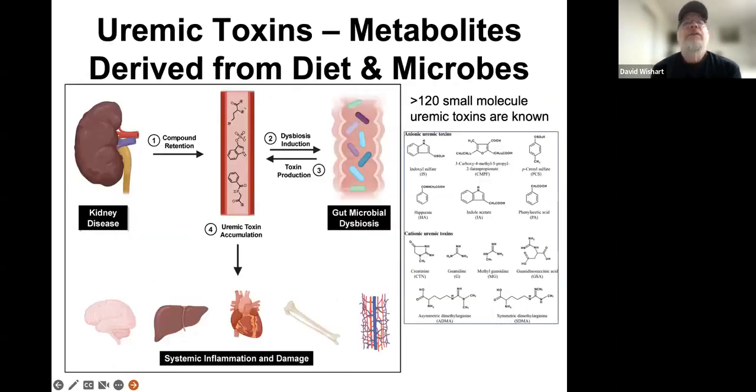In the case of microbial derived metabolites, many of them actually form what we call uremic toxins. If you recall a little bit about uremia, it is about damage to the kidney, but it turns out the uremic toxins can also damage the heart, bone, vasculature, liver, and brain.